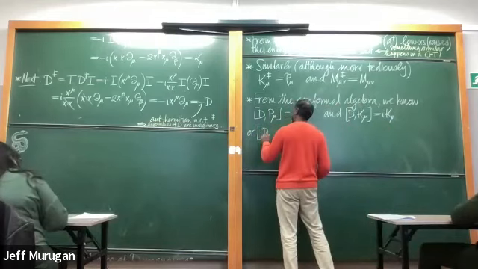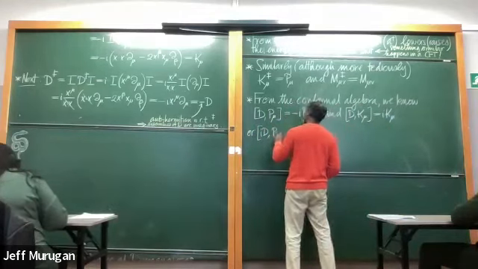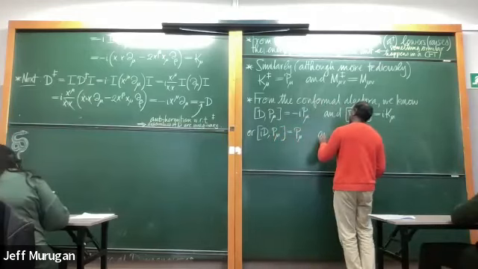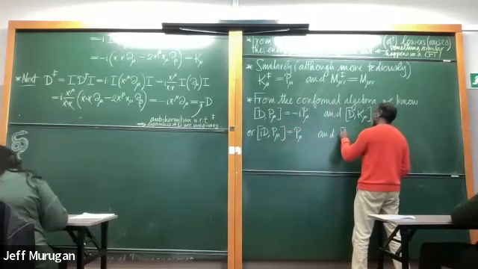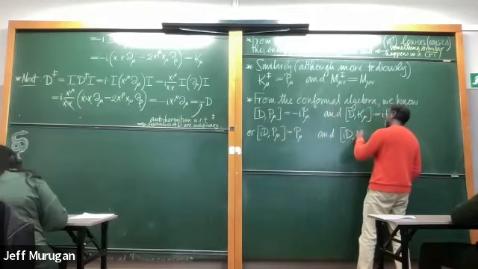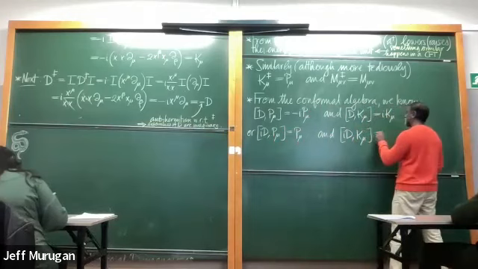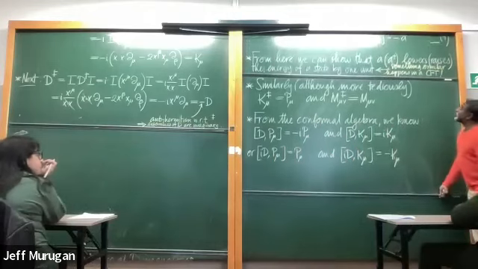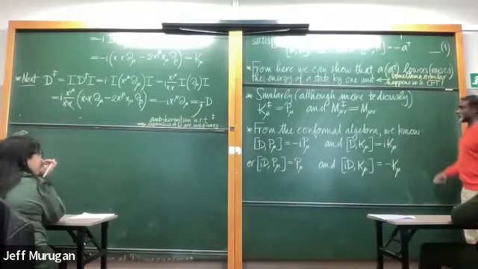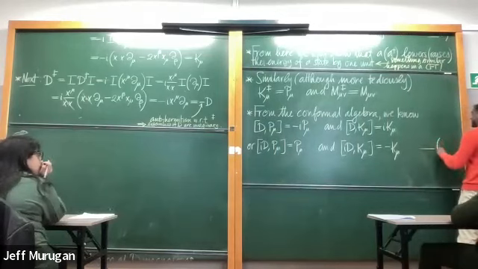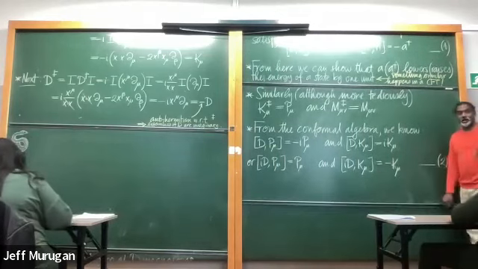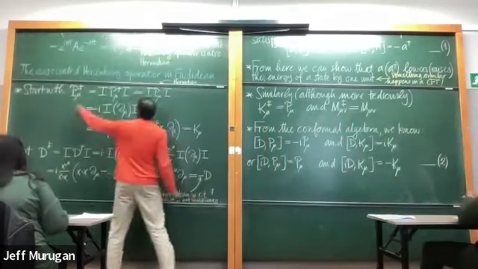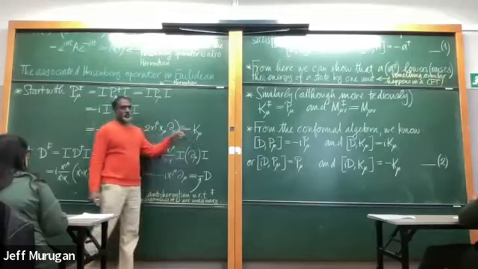So iD with P is P mu, and iD with K is minus K mu. Okay. Now let's go back up to the harmonic oscillator algebra. Okay, and note that P mu conjugate is K mu, right?